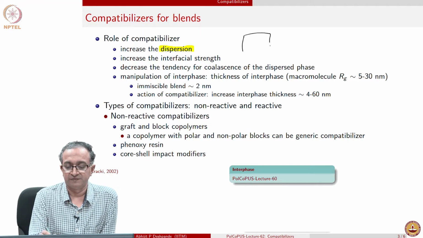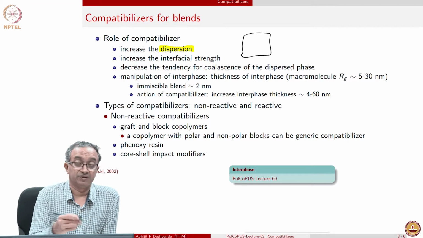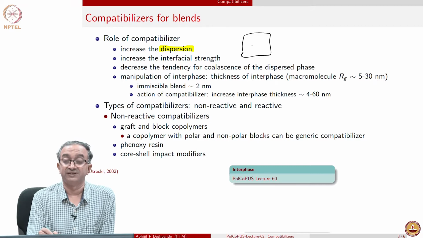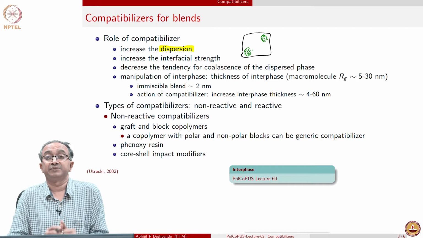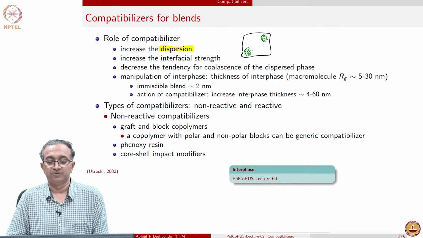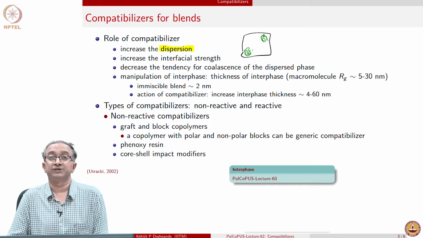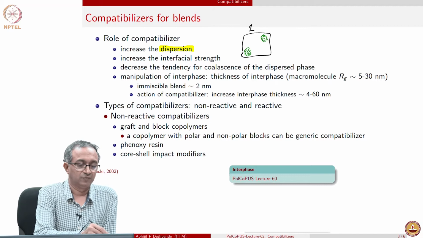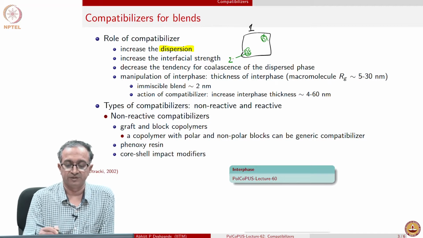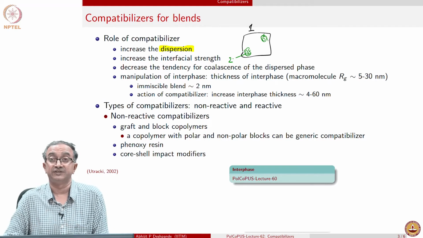So, for example, if we are talking about a polymer which is represented by the black, where all the macromolecules are, and in that we have a domain of the second macromolecule which is depicted in green here. If this is the kind of distribution, then there are lots of pockets where there is only polymer 1, while what we would like is actually polymer 1 and 2 to be as well mixed as possible.